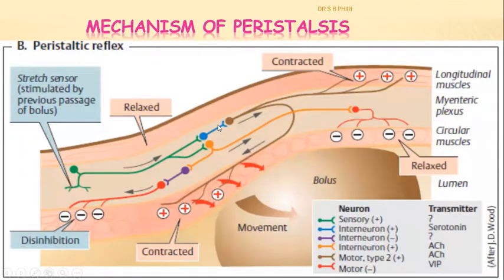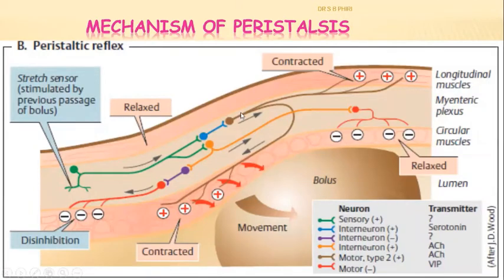You can see the interneuron shown in blue here is communicating with the motor neuron, the one shown in dark brown. The motor neuron is innervating the smooth muscle cells. Some branches of the motor neuron innervate the longitudinal muscles above the bolus, and it also sends another branch to innervate the circular muscles behind the bolus.